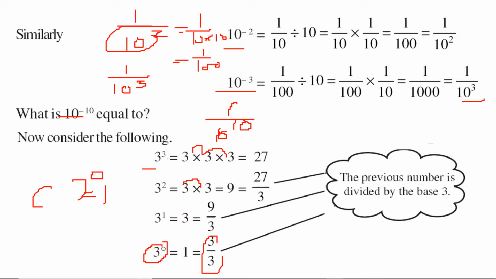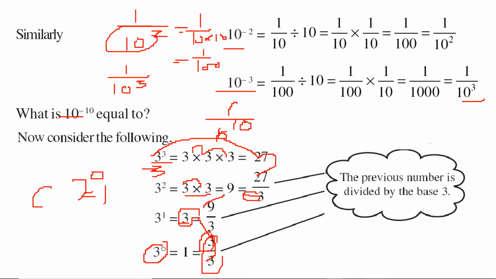So 3 to the power 3 is 27, and 3 square is 3 cube by 3, that is 27 by 3, which is 9. 3 to the power 1 is 9 by 3, which is 3. And 3 to the power 0 is 3 divided by 3, which is 1.